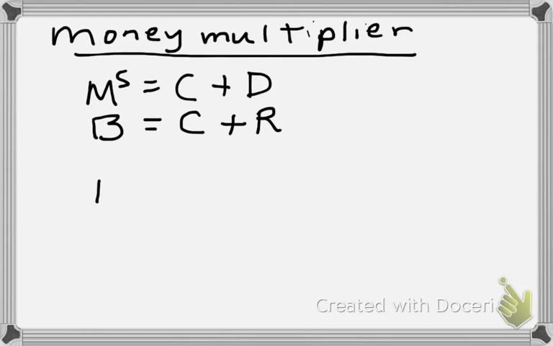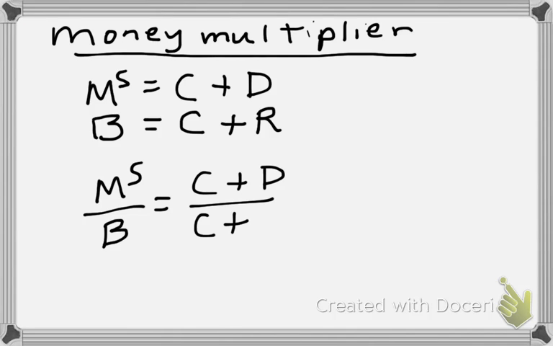So we can think about the ratio of money supply to the monetary base as equal to (C plus D) over (C plus R). And we might divide both top and bottom by D. So we divide the top by D, and we divide the bottom by D, right?